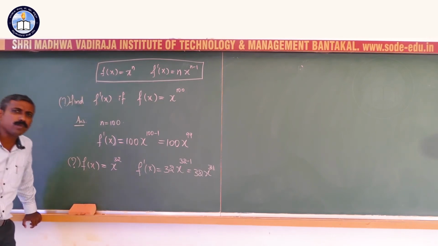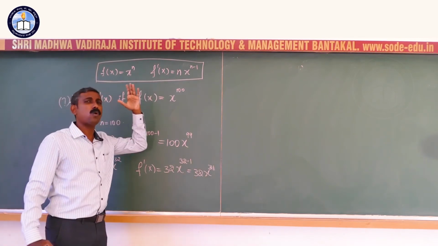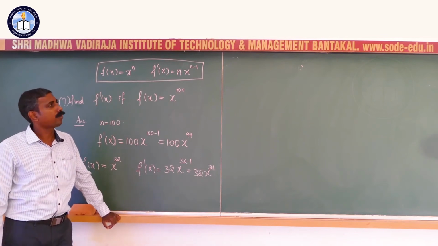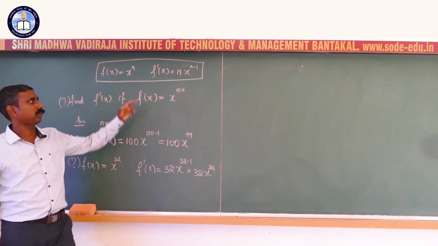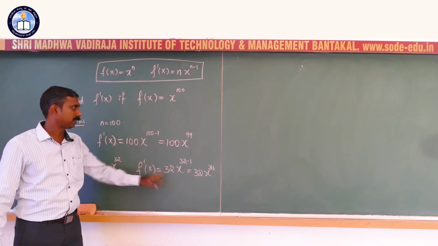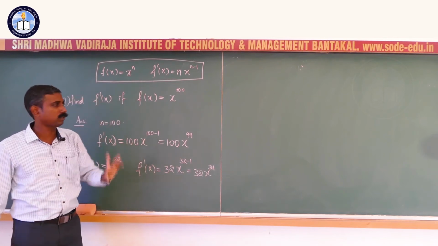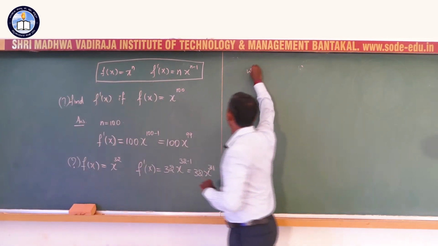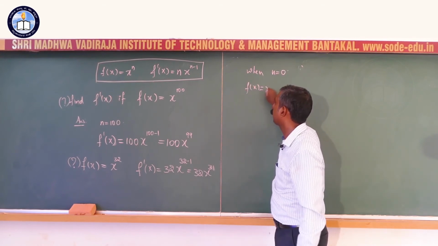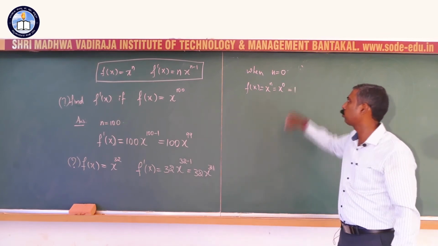Okay. One more doubt arises now. Is it true only for positive n? Okay, let us check. With n equal to 0, the result holds good. When n equal to 0, f of x is equal to x power 0, which is equal to 1.